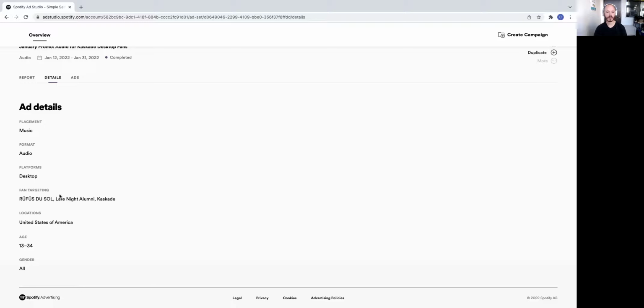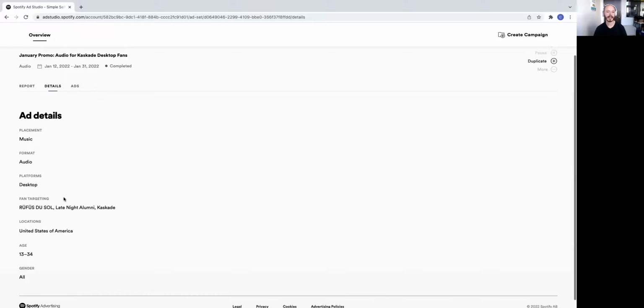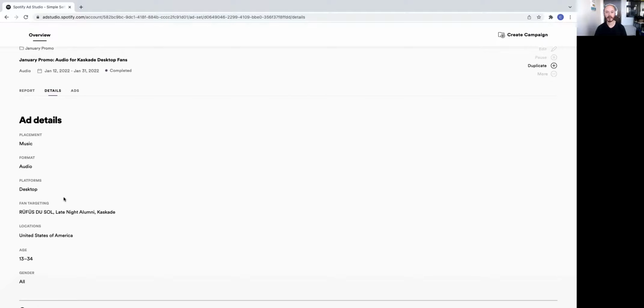But with Spotify, you can target actual listeners of other artists that you sound like or who inspire you, etc. So that's another really big advantage of a Spotify ad. And like I said, if I could go back in time, I would create 3 different ad sets for this ad. I would do one for Rufus, one for Late Night Alumni, and another for Cascade. But I just kind of bundled it all together because I was just starting out.